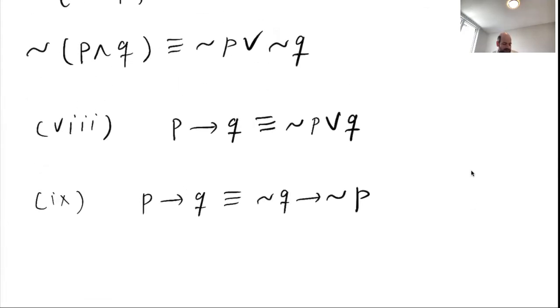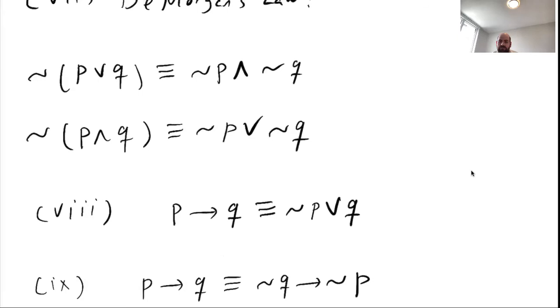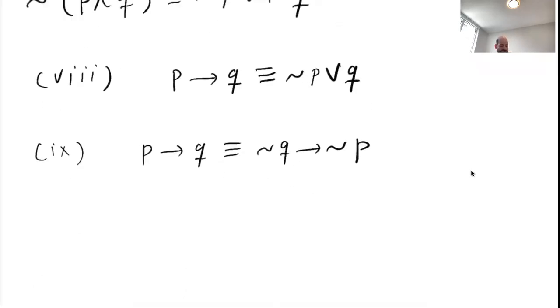So this is just an example of 8, but for any of these identities, if you want to prove them, again, the easiest way is to use the truth table.